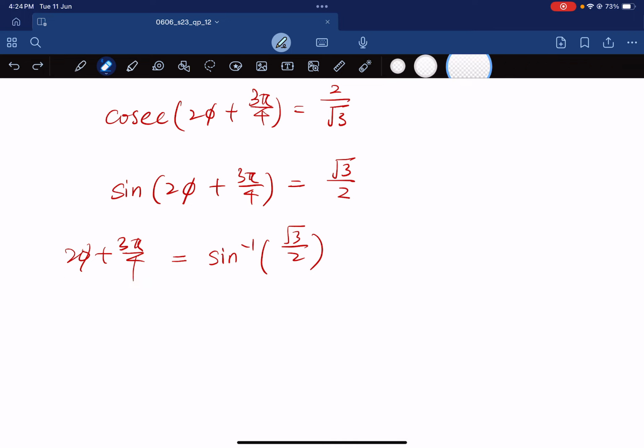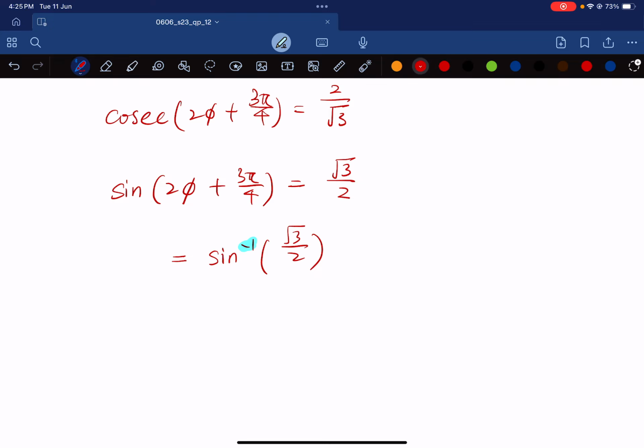I mean, it's partially correct, because this angle need not necessarily be 60 degrees. It can be 120, right? Because sine inverse function is a 1-to-1 function, but sine function is a many-to-1 function.